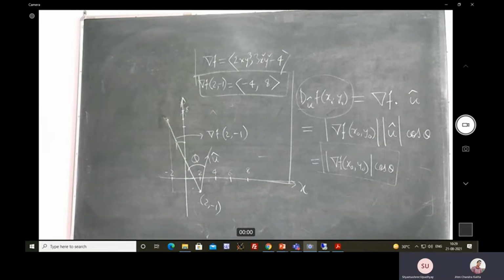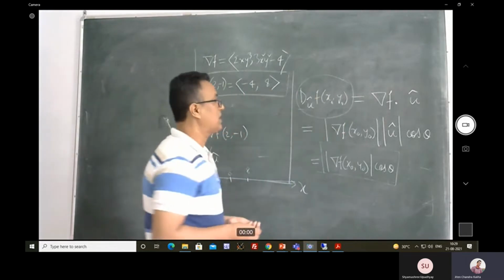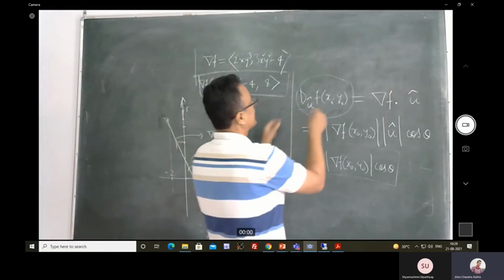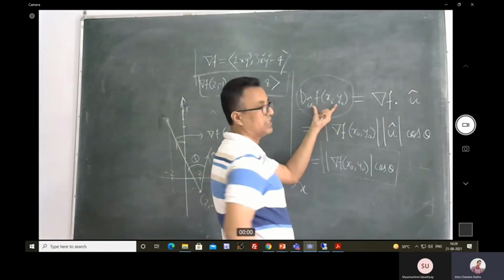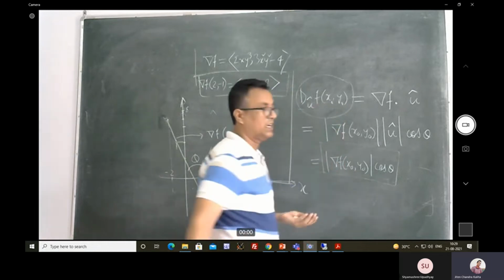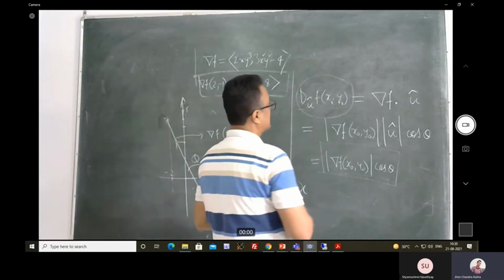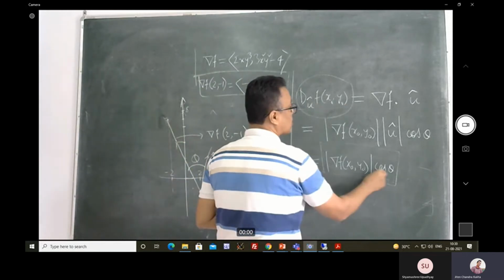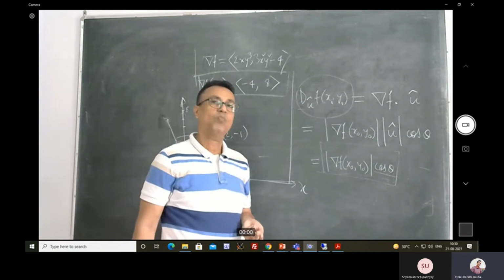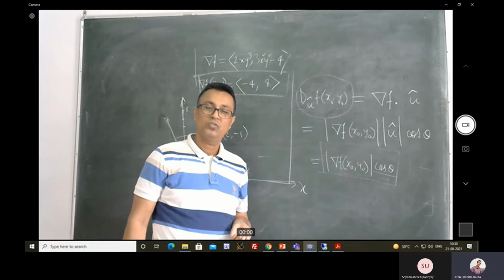Okay, fine. So again, let me come back to this question. I am trying to maximize this directional derivative, and I have got this expression for directional derivative. So this is going to be maximum when cos theta is 1, and that happens when theta equals 0.